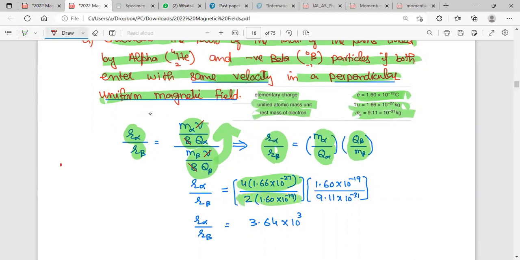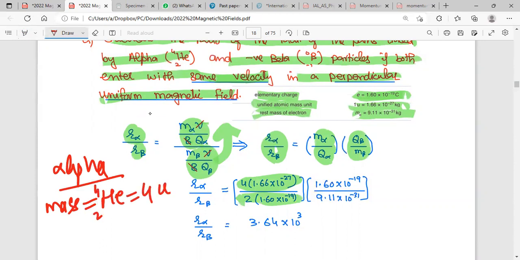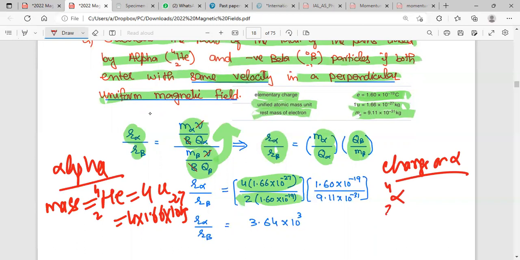This thing is important: if we talk about alpha, its mass is equivalent to a helium nucleus, He 4 2, so its mass is equivalent to 4 nucleons. So you multiply 4 with 1.66 into 10 to the power minus 27 kg to get the mass. And to get the charge on alpha, alpha has a charge of 2, so the charge on it is plus 2e.